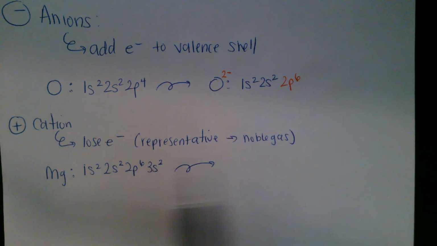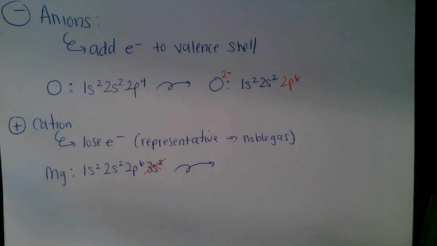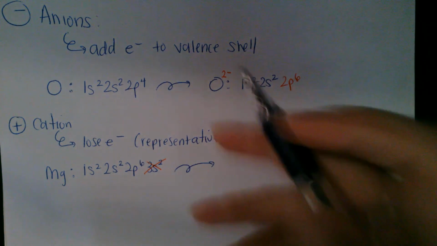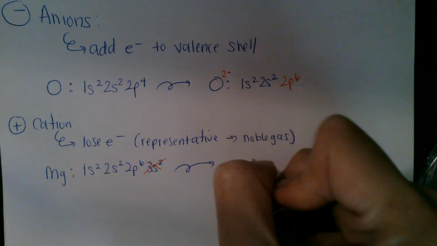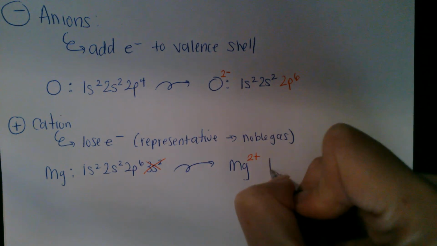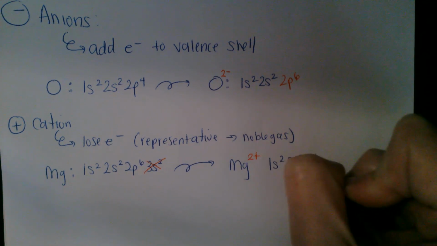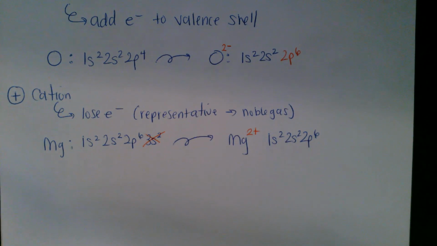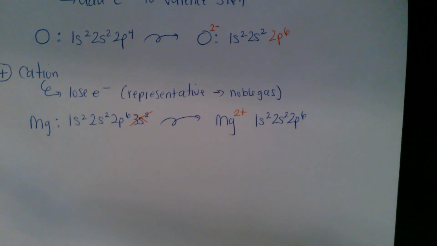So much less energy to just lose. So to knock those out, we would have Mg2+ in that case, with the configuration of 1s2, 2s2, and 2p6. Okay, so that's a lot of what our representative elements will do.